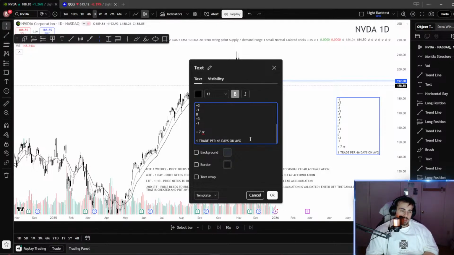Let's say if we looked at Apple over the last 2 years, we would have got the same amount of trades. So about 14, 15 trades over the 2 years. This would then give us one trade per 23 days if we cut that in half, assuming we're looking at two assets that were in great conditions.